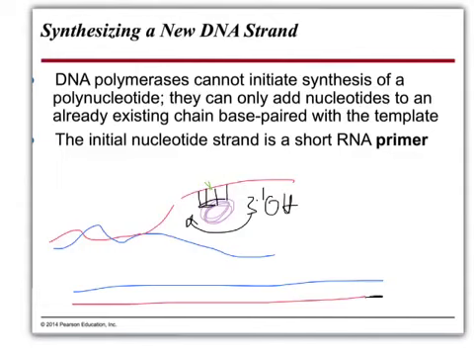Ribose, not deoxyribose. So one of the reasons for having RNA nucleotides there versus DNA nucleotides is that they are going to be removed later. We're going to erase those and replace them with DNA.